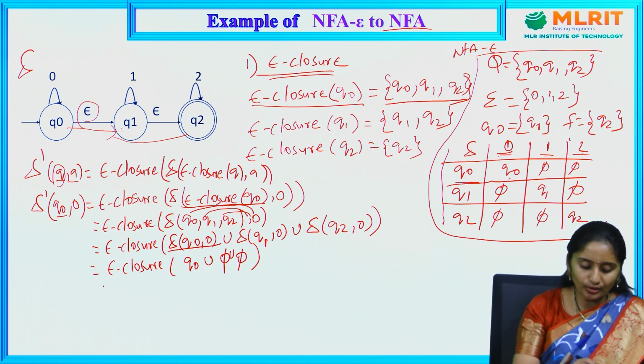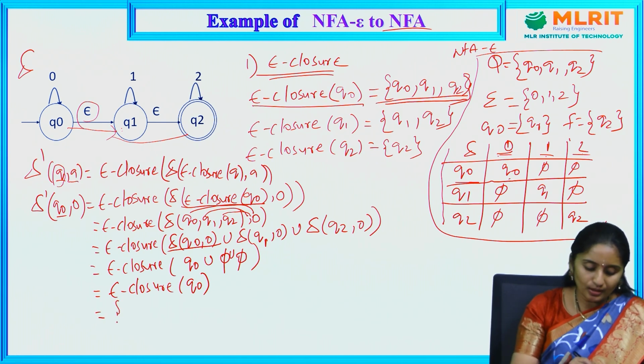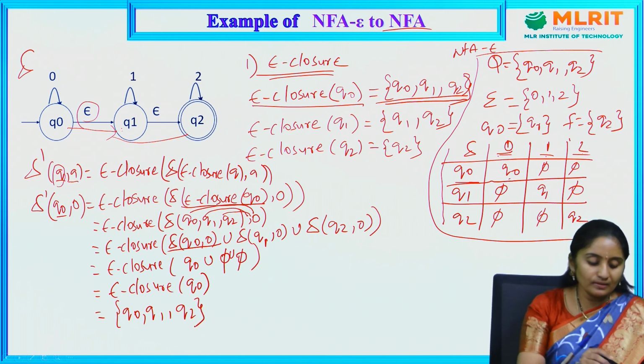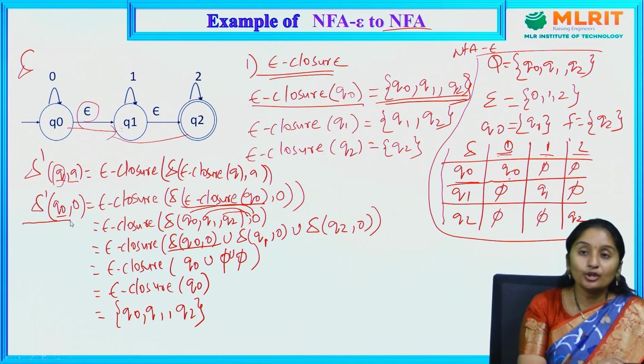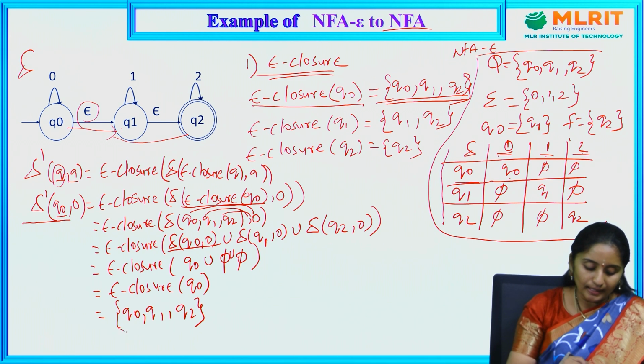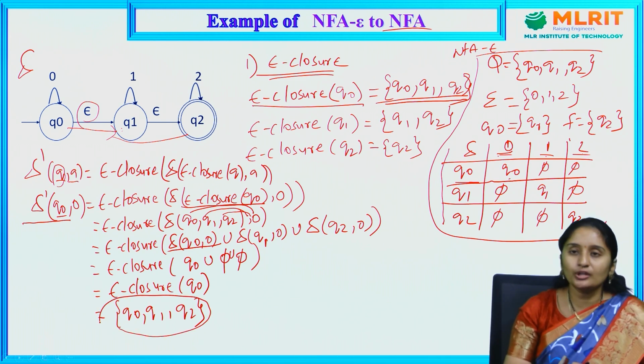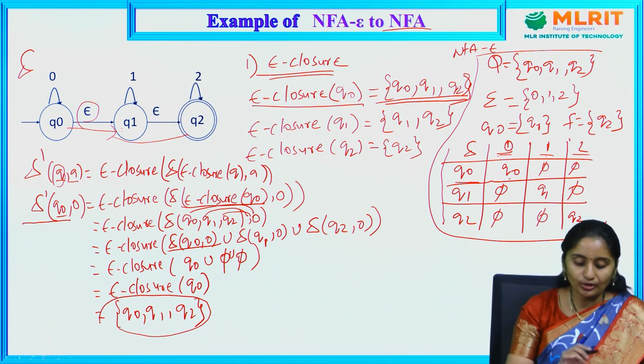So what I am going to get here, epsilon closure of Q0 is what? Epsilon closure of Q0 is Q0 comma Q1 comma Q2. So delta dash Q0 on 0 input, it is having Q0 Q1 Q2.